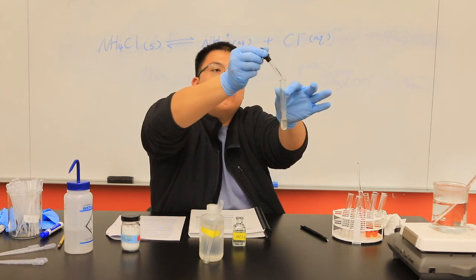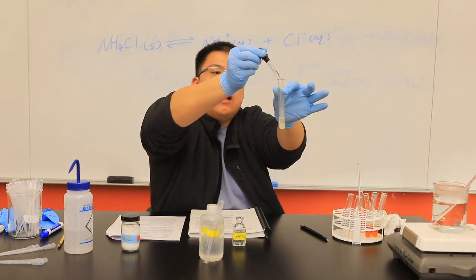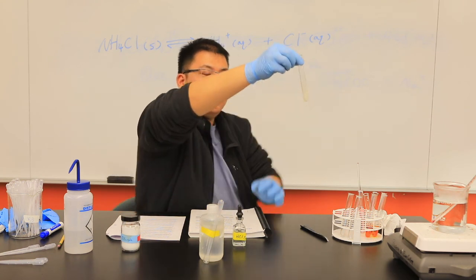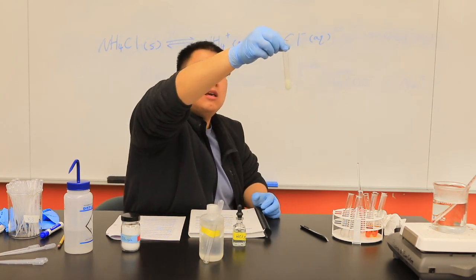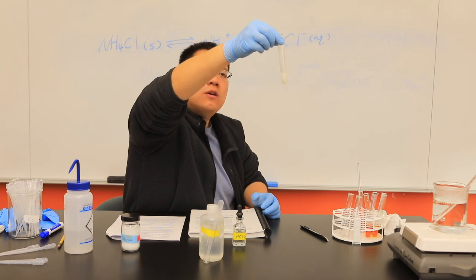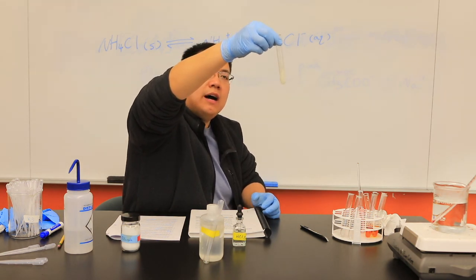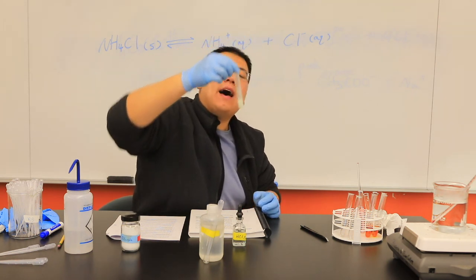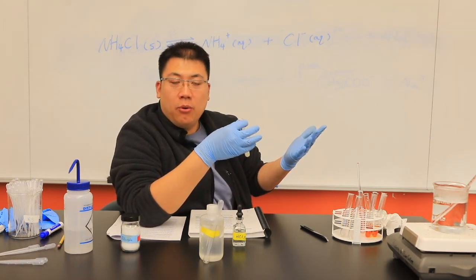There are some solids precipitated out of the solution. The solution becomes cloudy, and you can start to see white precipitate out of the solution. The solution was at the saturation point.